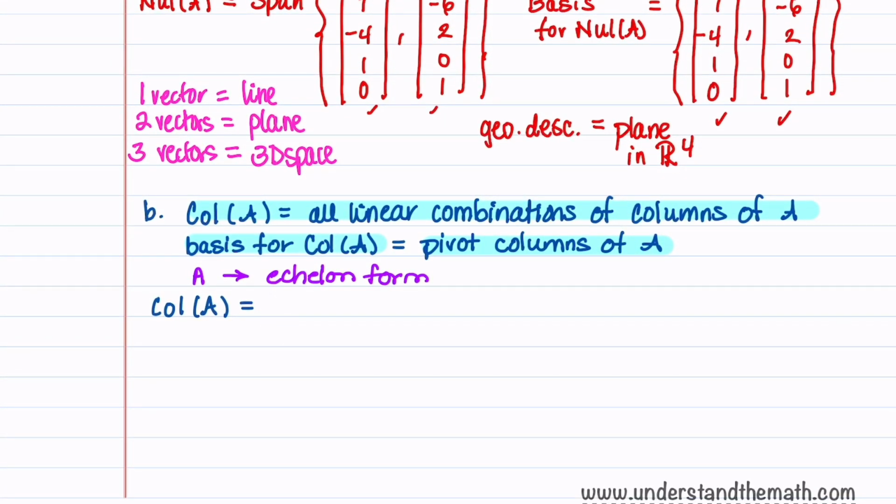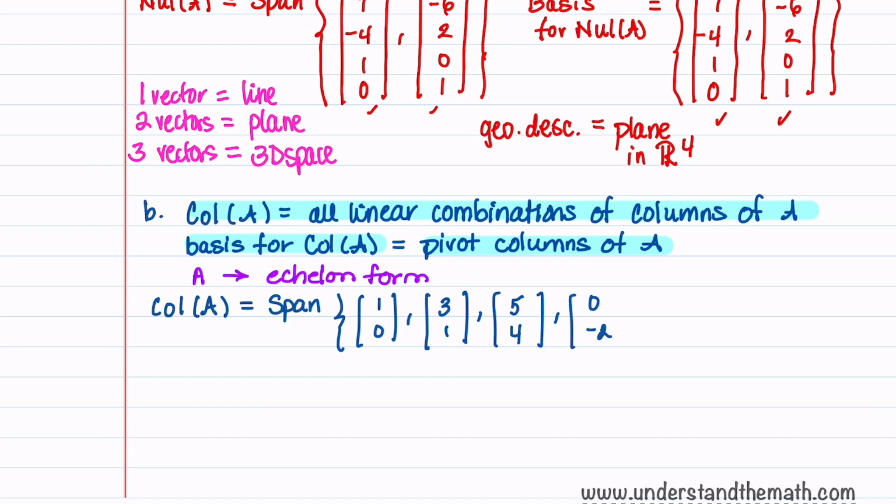So I'm going to erase this, and I'm going to write this as the span of these columns. Our first one was 1, 0. Our second one was 3, 1. Our third one was 5, 4. And then our fourth one was 0, minus 2. I probably should have put this in red, and I didn't. So I'm just going to highlight this so you can see that that is our solution for the column space of our matrix A.